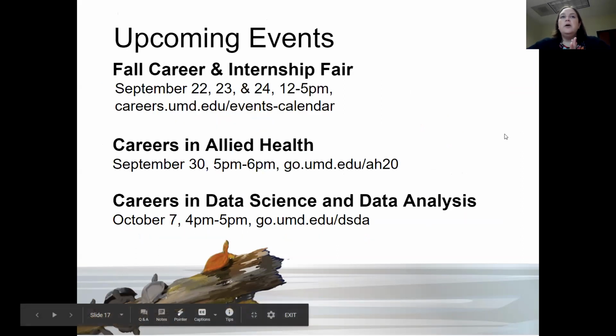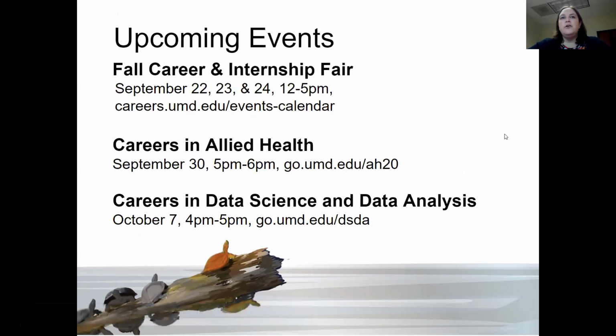All right, so if you are planning to come to the Fall Current Internship Fair next week, just a reminder that it is 3 days. There are different employers each day, so make sure you know who's coming which day. Day 1 is STEM, and day 2 is STEM and all majors. Day 3 is all majors. So my guess is most of the employers that you would be interested in are going to be there day 1 or day 2.